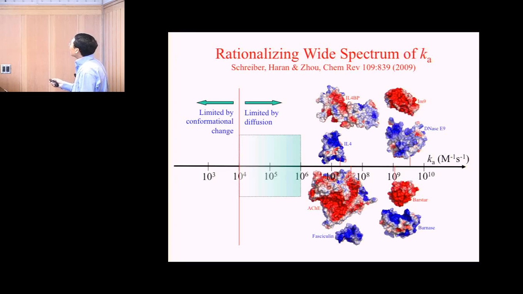Whereas there are not many cases where the rate constant is greater than this basal rate constant, and that can only happen with the help of long-range electrostatic attraction. So whenever we have a rate constant that's 10 to the seventh per mole per second or higher, we can infer that these are systems where there's a strong electrostatic attraction, and that's characterized by opposite charges across the binding interface.